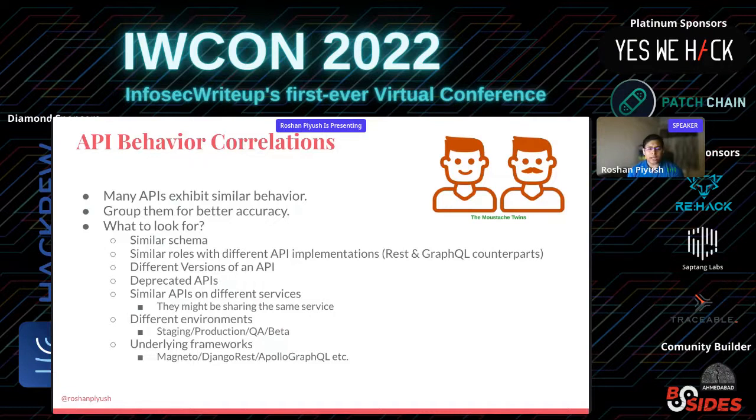So keep track of all of these, even the deprecated APIs, and look for similar APIs even on different services, because that will help you craft a flow of the data.